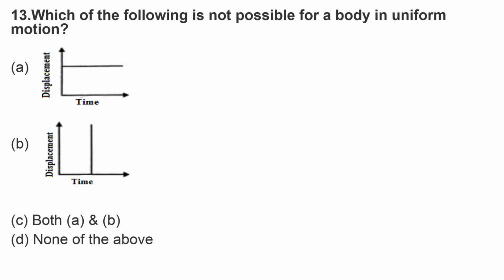And option B, in the displacement versus time graph, a straight line parallel to the displacement axis. And option C, both A and B. And option D, none of the above.